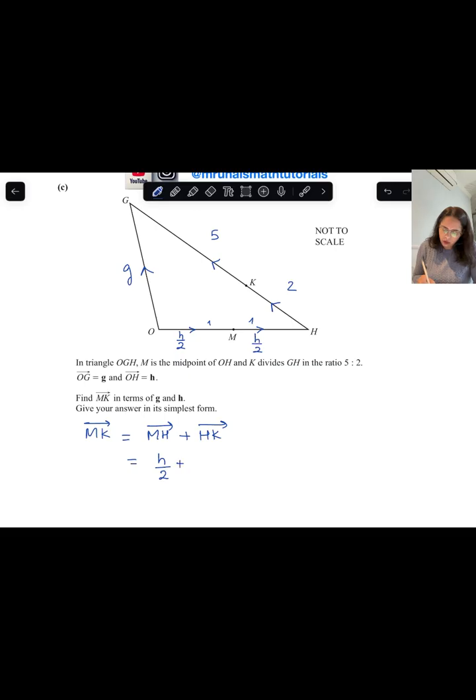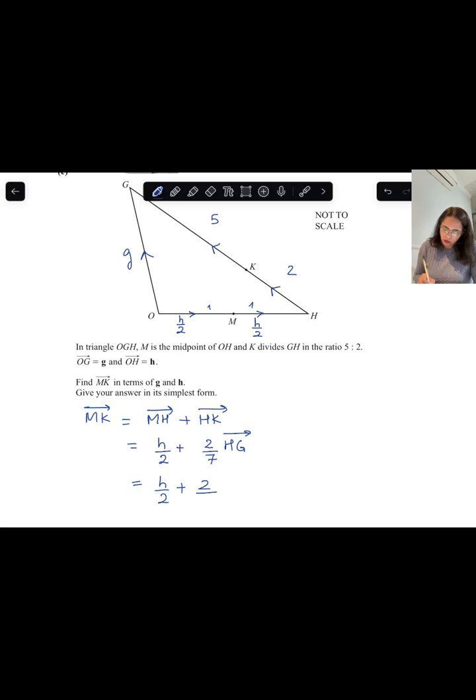HK is going to be 2 parts out of the total 7, because 2 plus 5 is 7. So 2 parts out of 7 of HG. So H/2 plus 2/7 of HG. So this is minus H plus G.